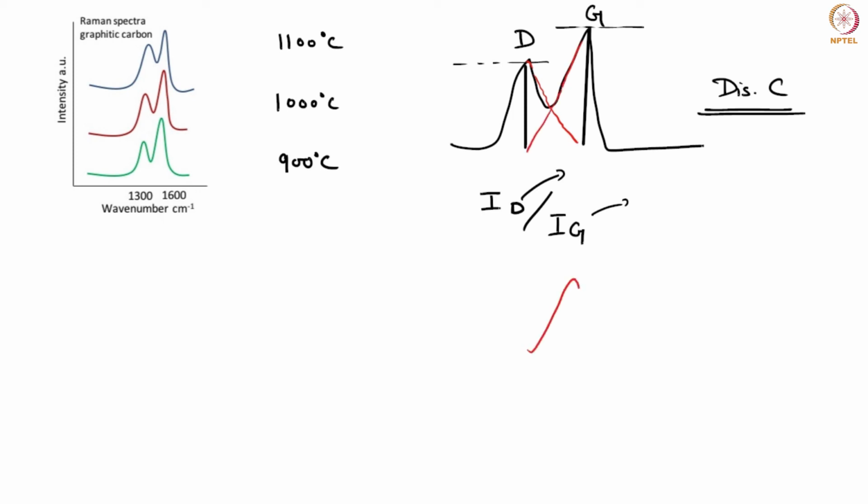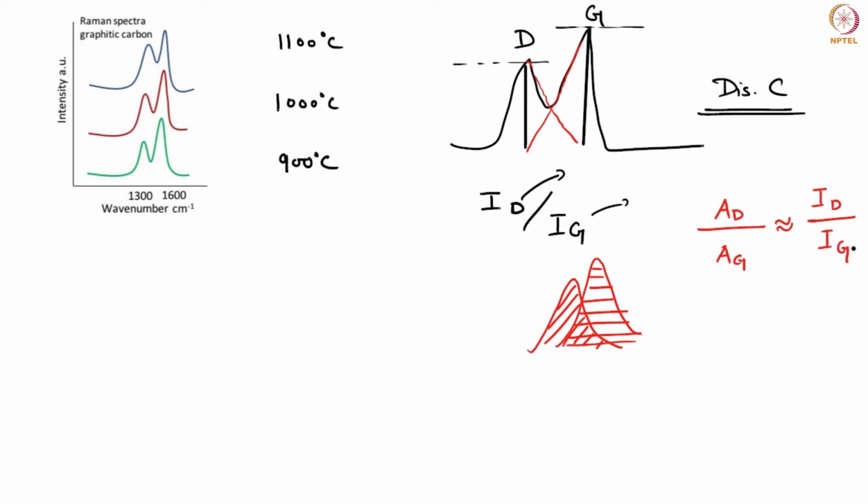So you will have two different peaks, and if you want to get more accurate information, you need to fit these peaks and find the actual area of individual peaks. So rather than just the height of the peak, what you would rather calculate is the area of both peaks. So basically it is your area of the D peak divided by area of the G peak, but we will still call it the ID by IG ratio.